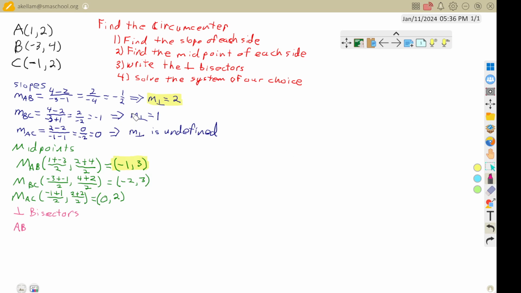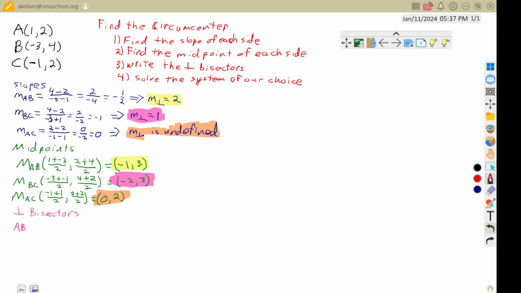The slope of the line perpendicular to BC is going to go with the midpoint for BC. And the undefined slope is going to go with our midpoint of AC.